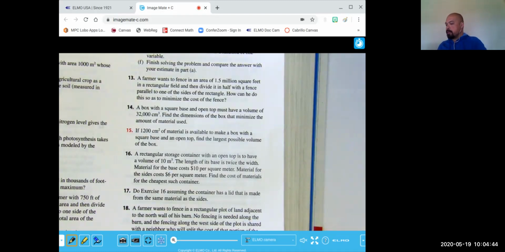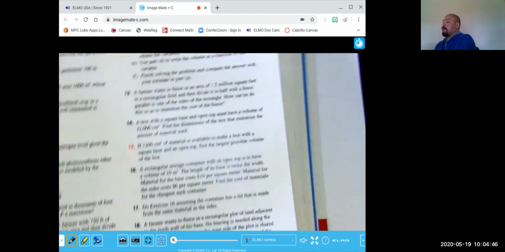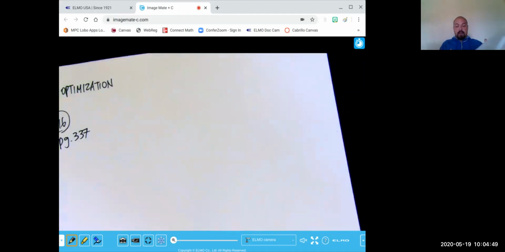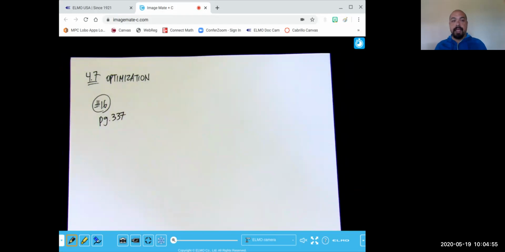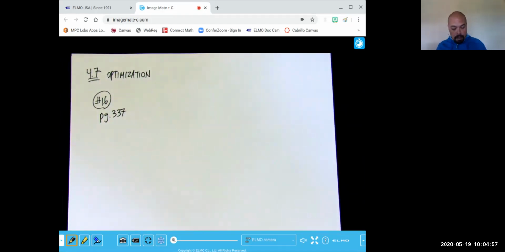All right, so with that said, let me write out some of that information, and then we can start to organize our equation, our formula, take our derivative, find, in this case, that minimum, right? So in this case, we want to build up this rectangular storage container, right?